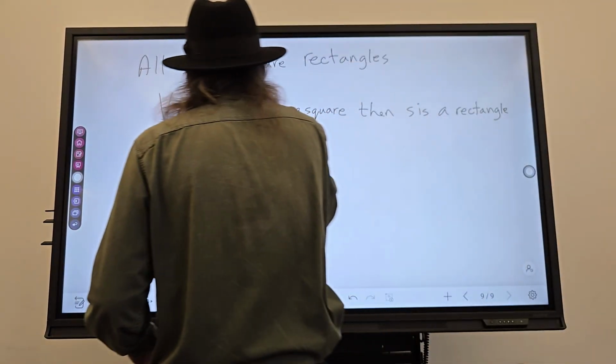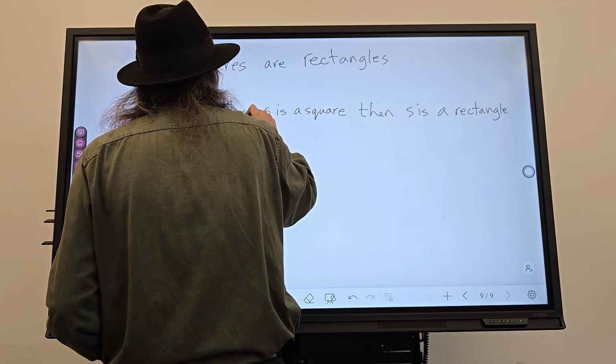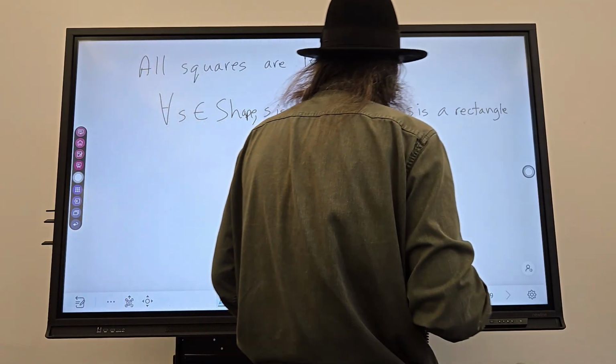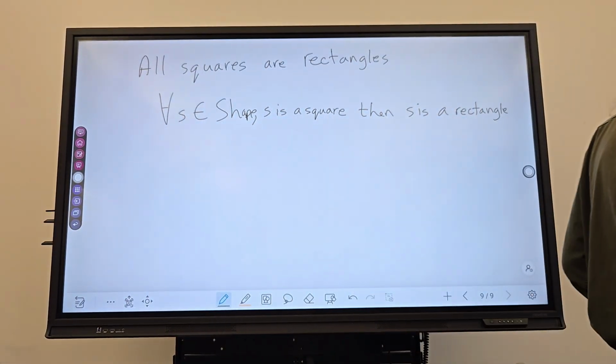Let me put shape here. If S is a square, then S is a rectangle.